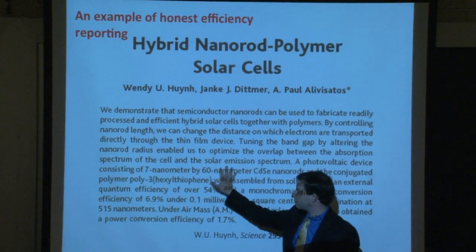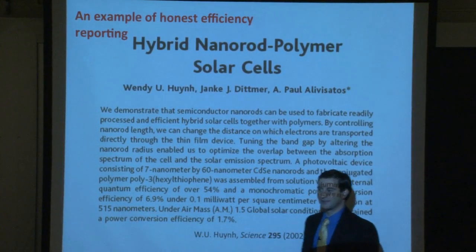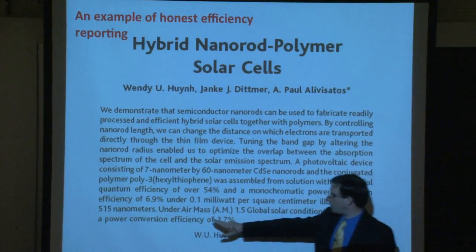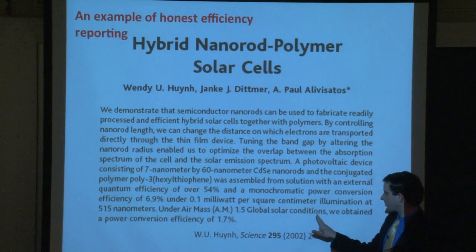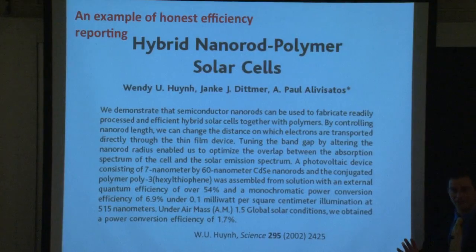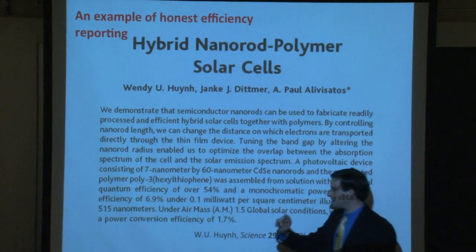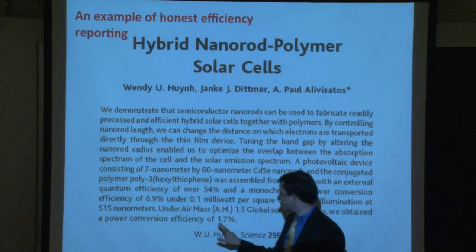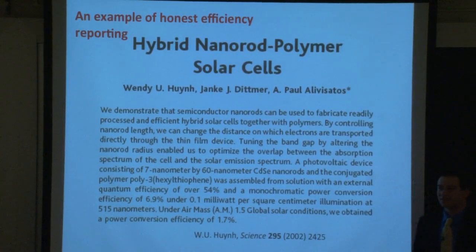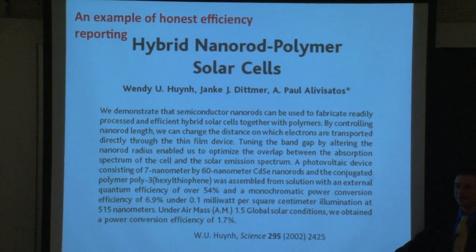So under optimal conditions, monochromatic light, that's what we get. But also under air mass 1.5 global solar conditions, under the standard solar spectrum, we obtained an energy conversion efficiency, or a power conversion efficiency, of 1.7%. So both values are put out on the table, and they say, look, here's a characterization of our device.